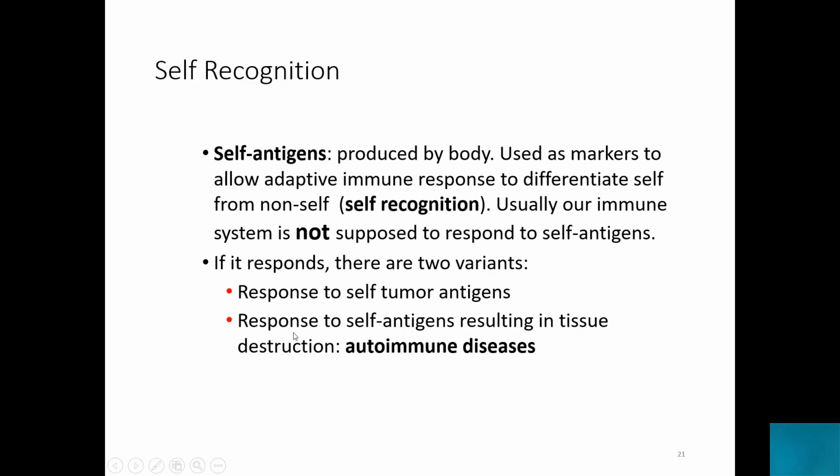But sometimes our immune system makes mistakes and starts thinking that self-antigens located on our own cells and tissues are pathogens, and starts destroying those tissues. That is called autoimmune diseases.